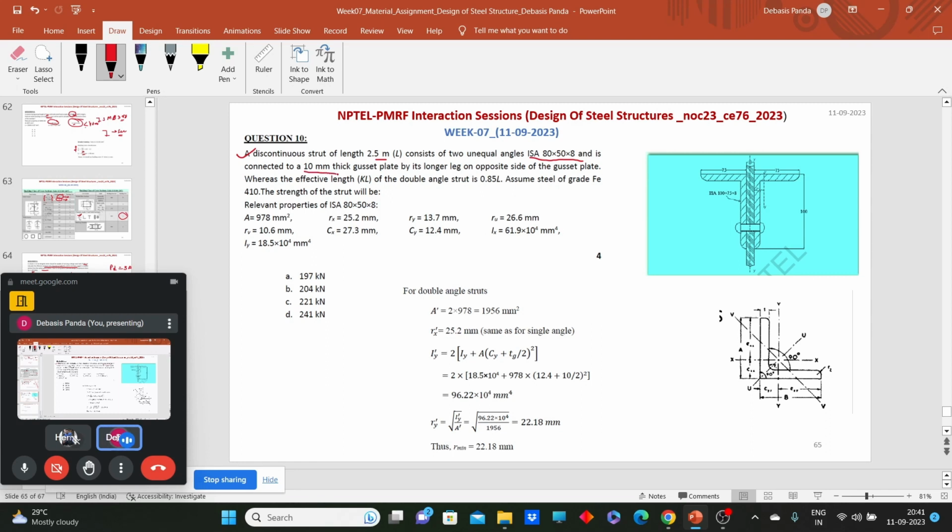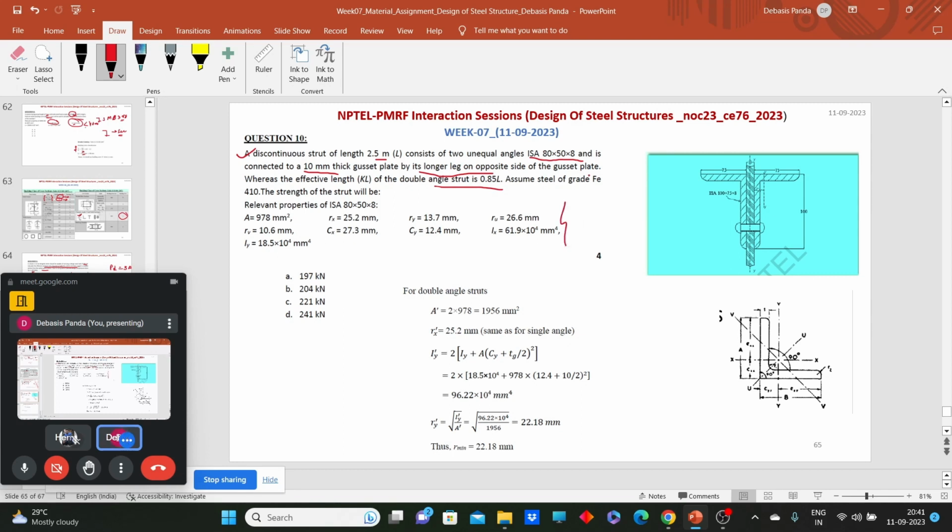The thickness of the gusset is also provided, and they said the longer leg of the angle is connected with the gusset, whereas here it says for the double angle strut, you should consider the effective length 0.85 L. Assume this, and for ISA the values are given.